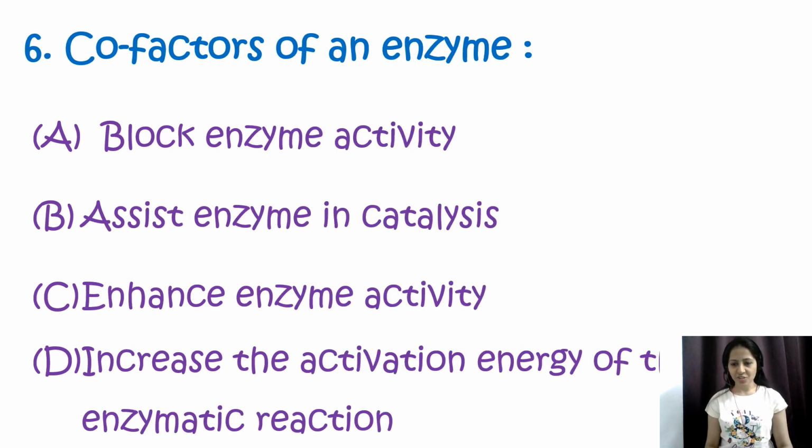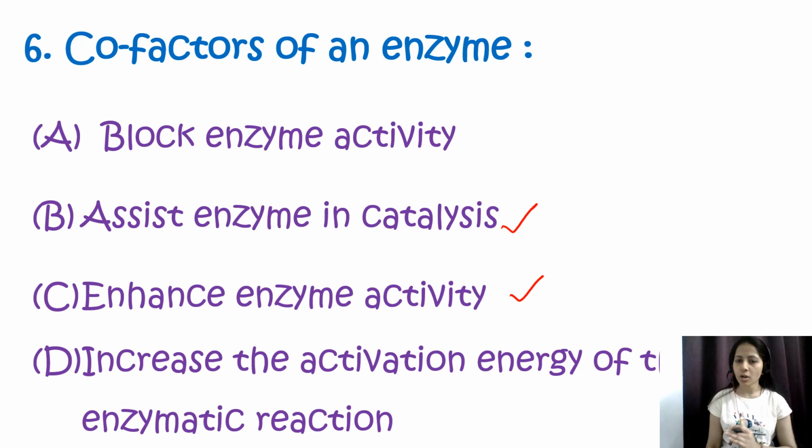Okay. Next, question number 6. Cofactor of an enzyme blocks the enzyme activity, assists enzymes in catalysis, or enhances the enzyme activity, or increases the activation energy of the enzymatic reaction. So over here, this cofactor of an enzyme assists enzymes in the catalysis as well as enhances enzyme activity. Both of them are correct, but the most appropriate one is that it enhances the enzyme activity.